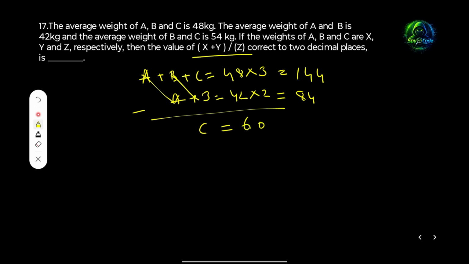Okay, the value of C is 60. So we know that A plus B is 144, which is equal to X plus Y. So 144 divided by 60, which is around 2.4.